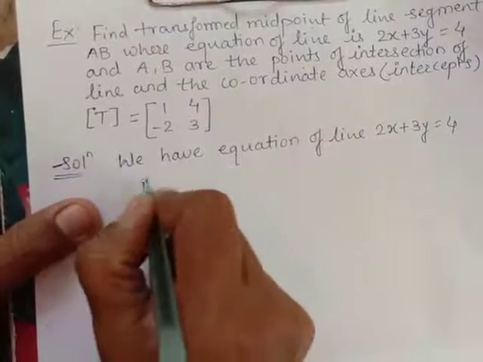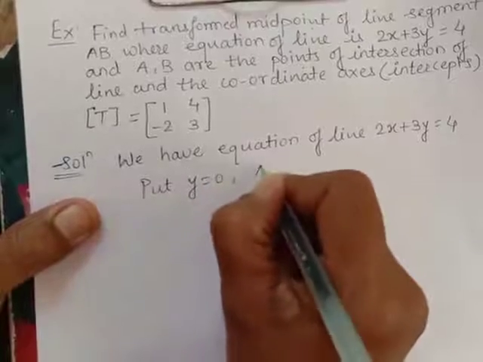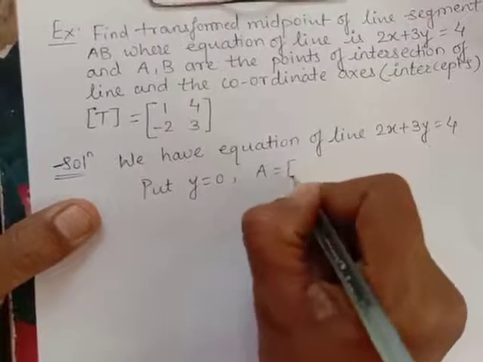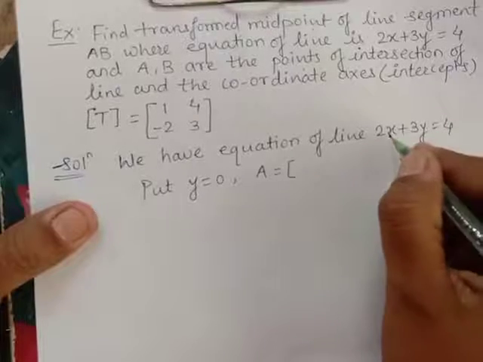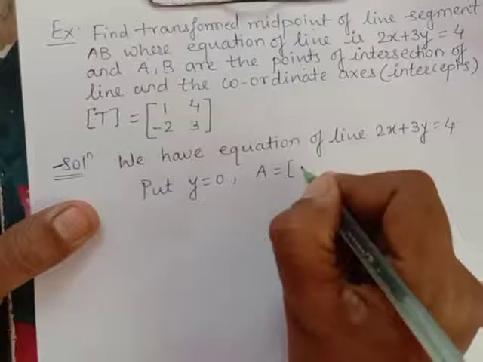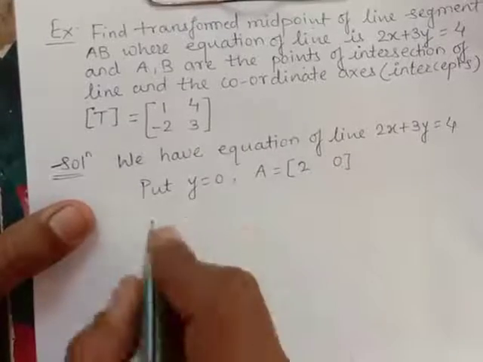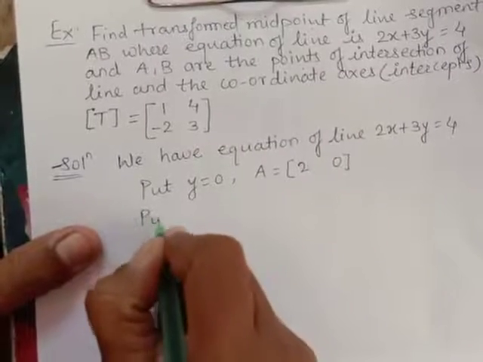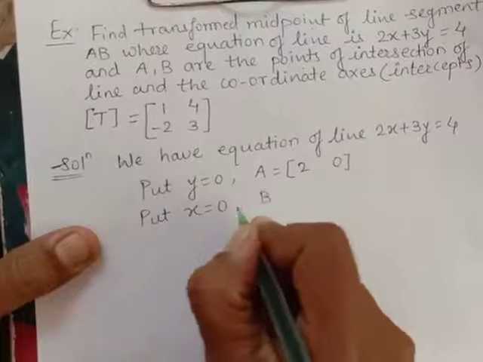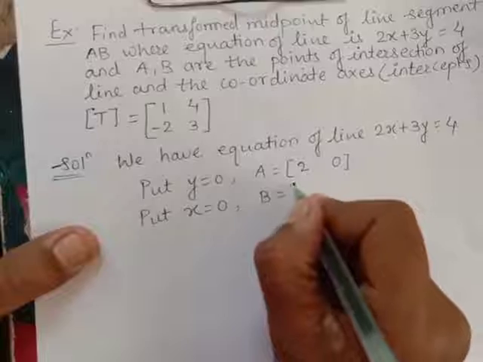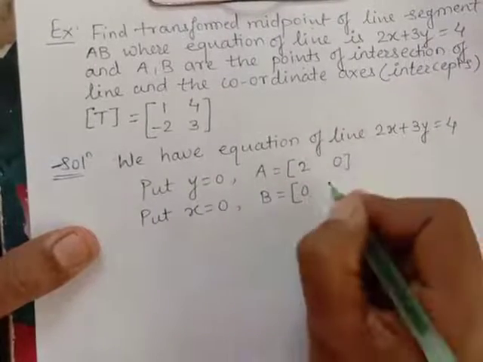Put y equal to 0; we get x equal to 2, so A will be 2, 0. It is on the x-axis. Put x equal to 0, that will be B. It is on the y-axis, so it will be 0, 4 by 3.